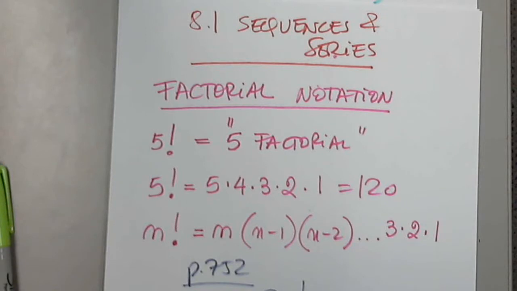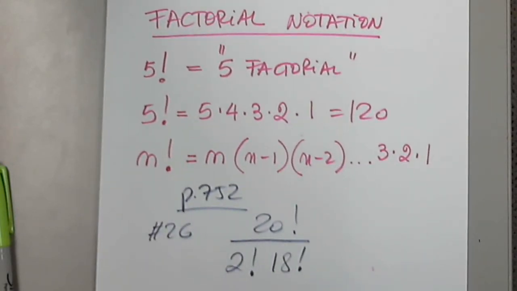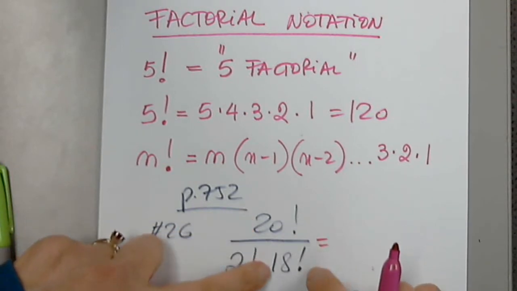I don't want you to reach for your calculators, because if you remember, I always said in algebra, if you come out of this class remembering one thing, it's to simplify, always try to factor. So instead of reaching for the calculator, I look at 20 and 18 and I realize that 20 is definitely bigger than 18.